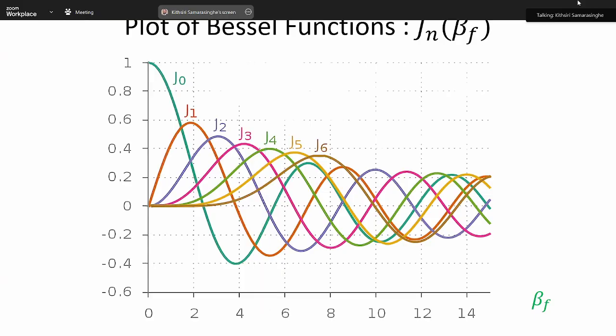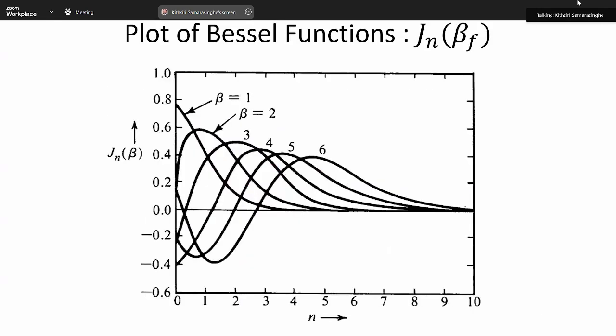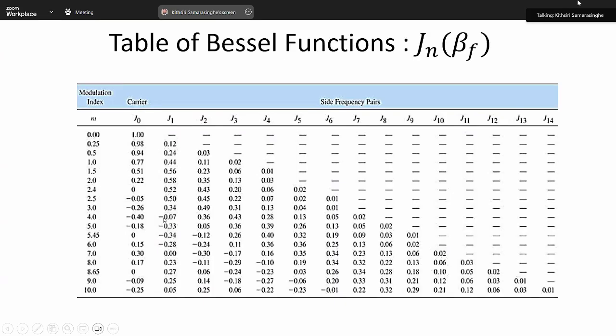There's another way Bessel coefficients are given, where this value is n. n could vary from 1, 2, 3, 4 likewise, and for different modulation index values, Jn(beta) values are given. So either way, you can read the Jn(beta) values from Bessel charts.